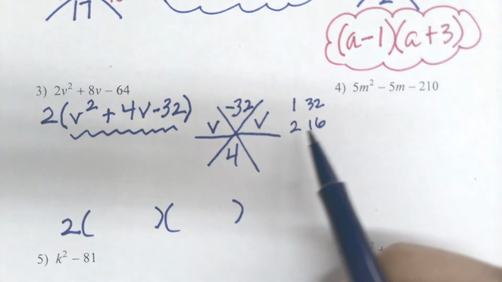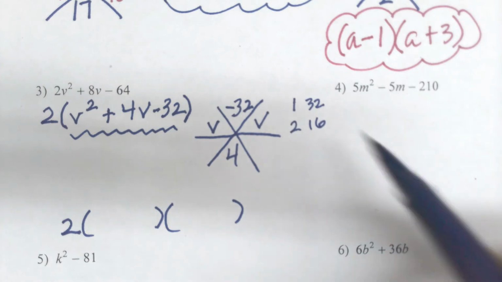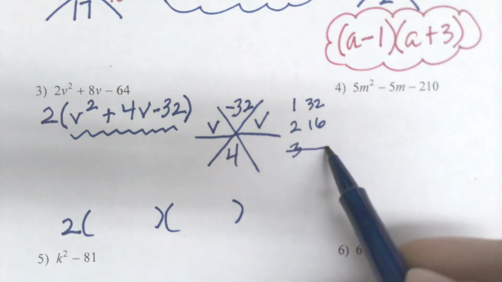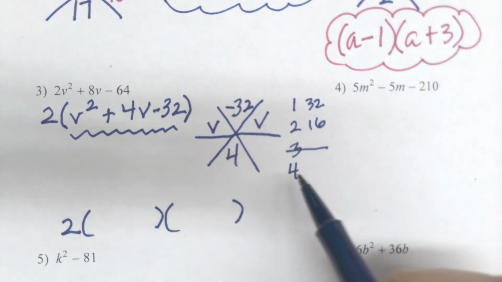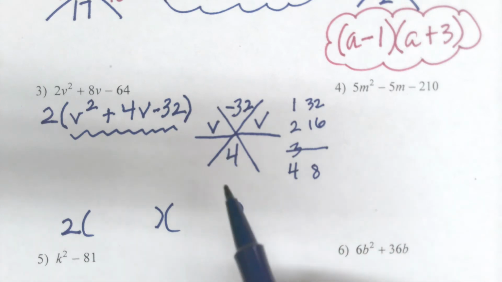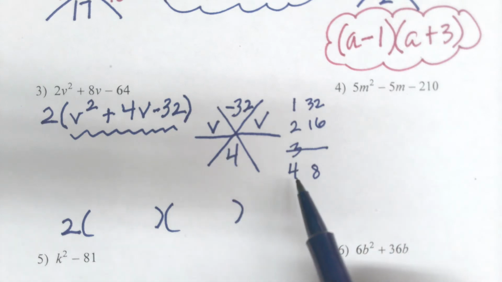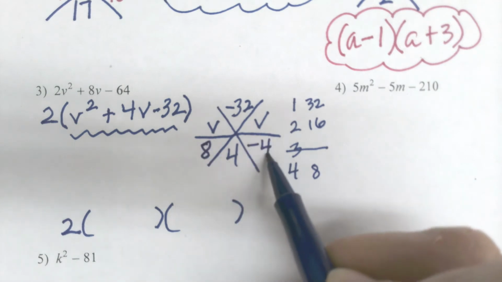Can I do anything with 2 and 16 to get 4? No. And by anything, I mean add or subtract. 3 doesn't work because 3 doesn't go into 32. 4 times 8. Can I do anything with 4 and 8 to get 4? Yes, I can. I can do 8 minus 4.